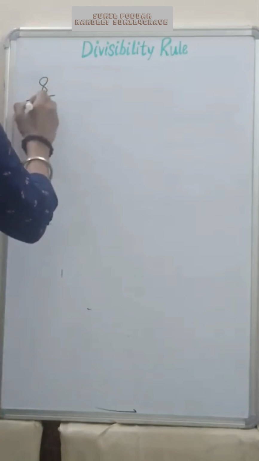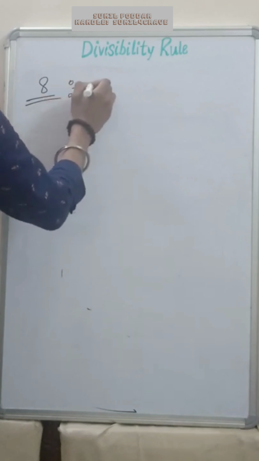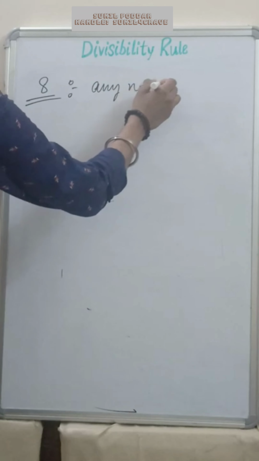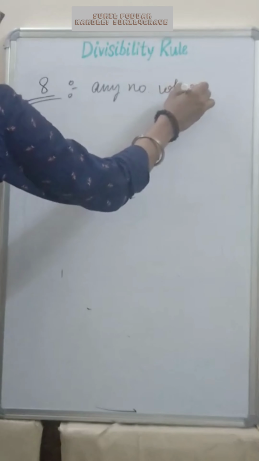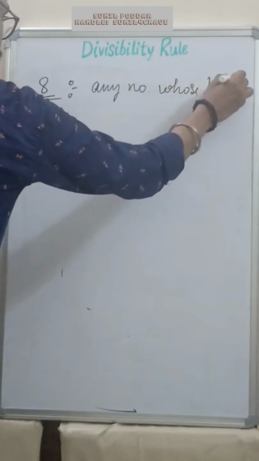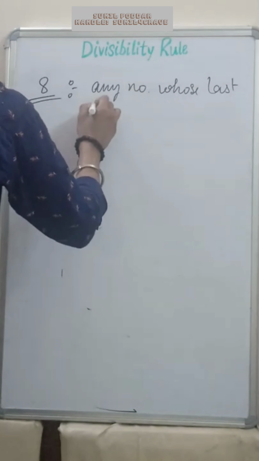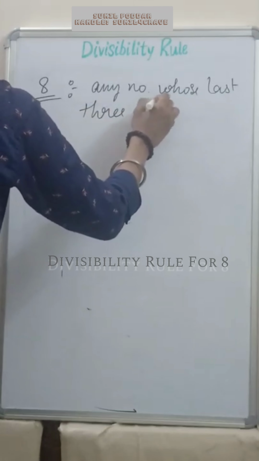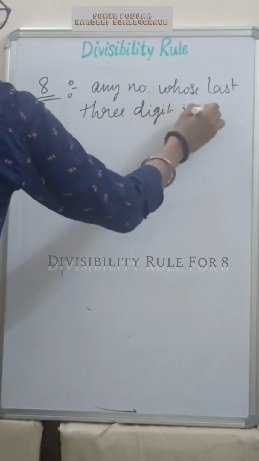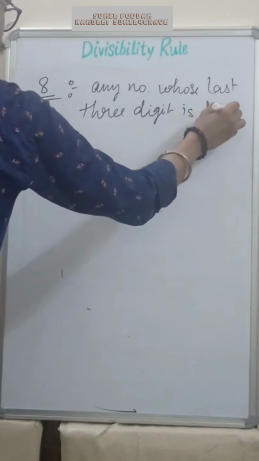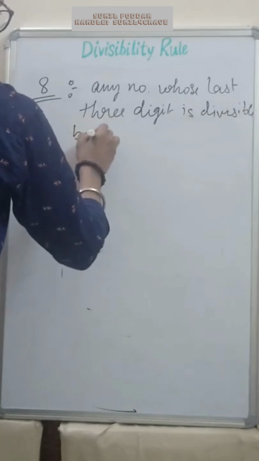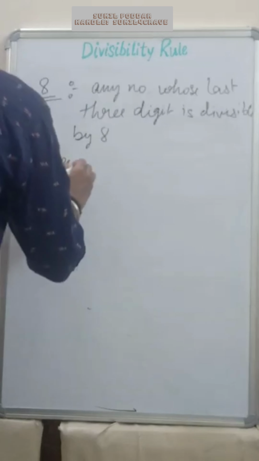For 8. Any number whose last 3 digits are divisible by 8 comes under the divisibility rule of 8. Let's take an example also.